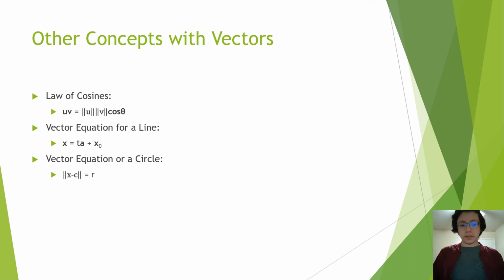And the vector equation for a line is x equal to t times a plus x, the starting point. And then, of course, the last one that is covered in this section is the vector equation for a circle, which is the length of x minus c is equal to r, the radius of the circle.